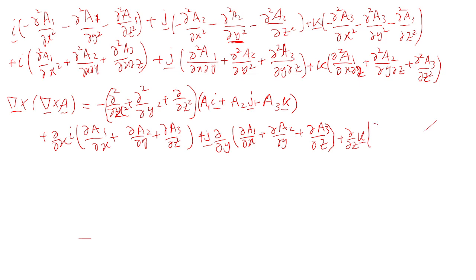That is partial a1 partial x plus partial a2 partial y plus partial a3 partial z. So that is equal to, you see what is this? This one, that is nabla square. So negative nabla square, and this is vector A.